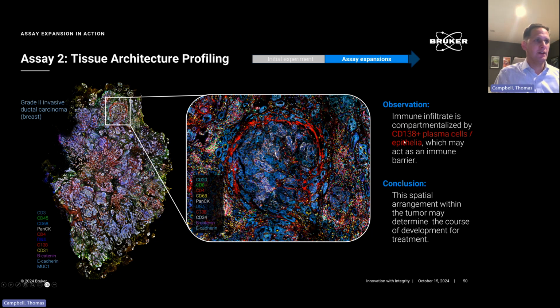And we can see that this immune infiltrate is compartmentalized by the CD138 plasma cells and epithelia, which may act as an immune barrier, which gives us the ability to conclude that the spatial arrangement within the tumor is impacted by these plasma cells and epithelia, and maybe has some implication for the course of development for treatment.